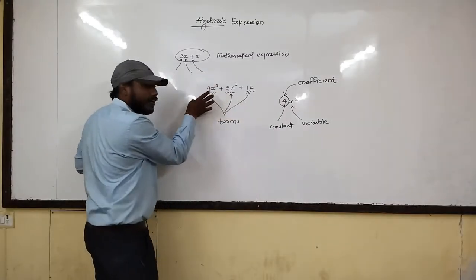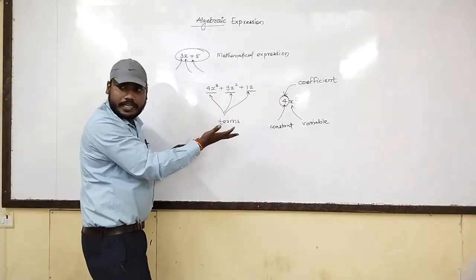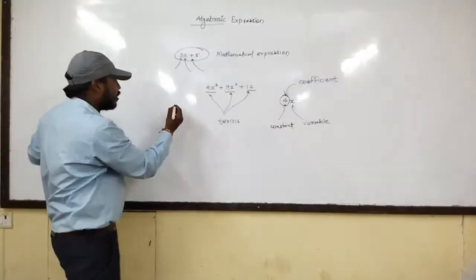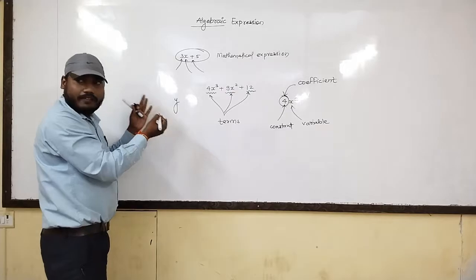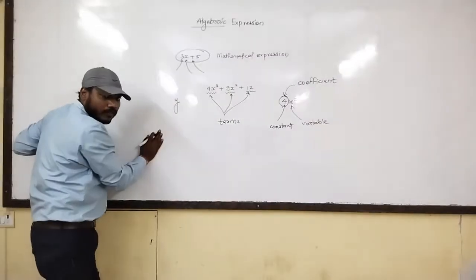Similarly, with each and every term we have two things: one is the coefficient and the second is the variable. Understood? Suppose I am writing y. In this y, nothing is present before it, right?